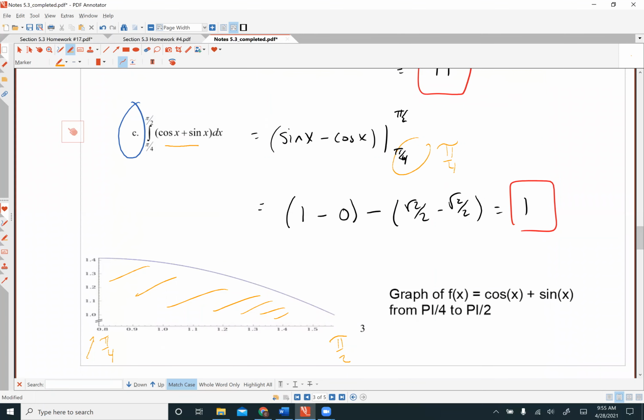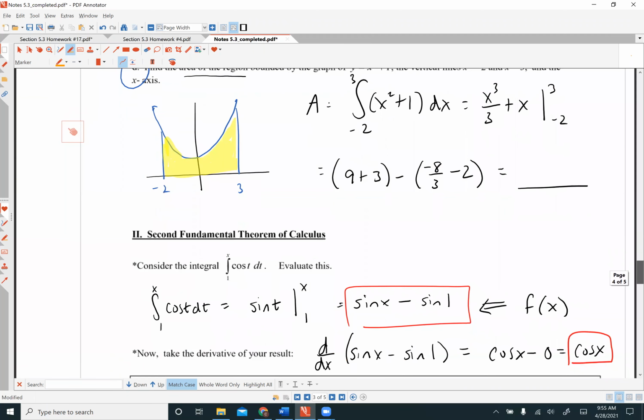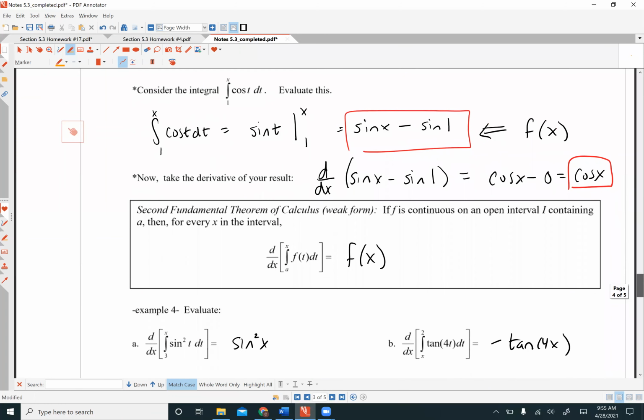So let's look at the second; I'm going back to the notes. Let's see if I can find it. Okay, right here, the second fundamental theorem of calculus. Don't worry about the weak form and the strong form. We're just going to consider what's in the notes here, which is called the weak form. Remember the integral from a to x of f of t represents the area.